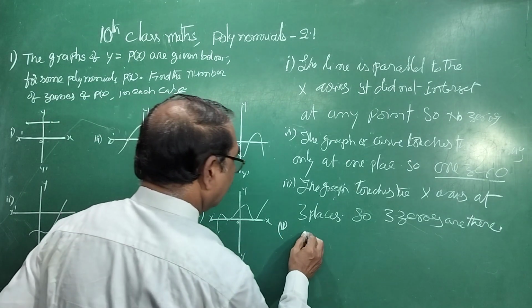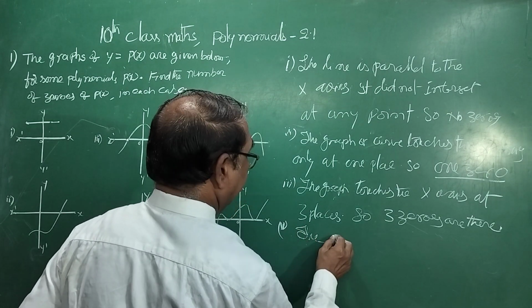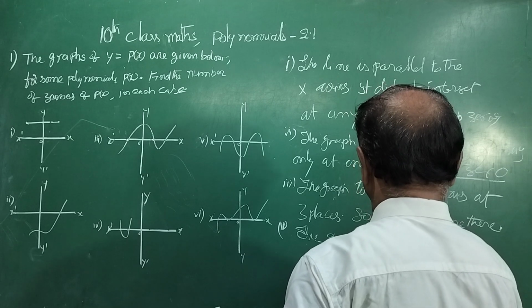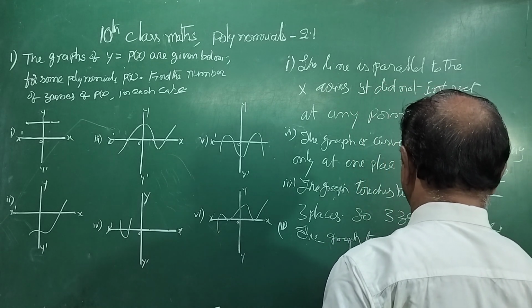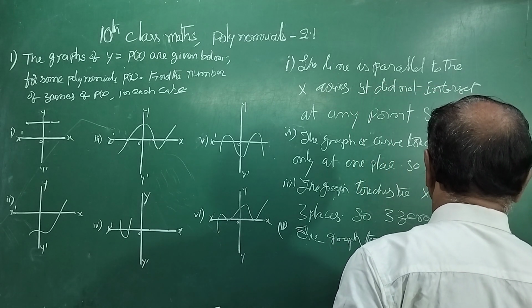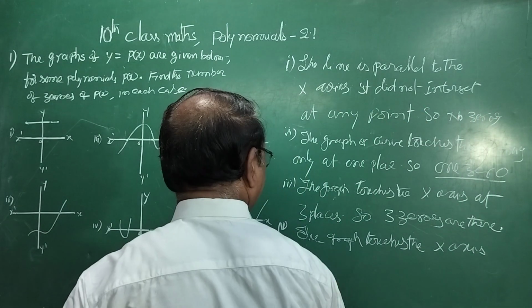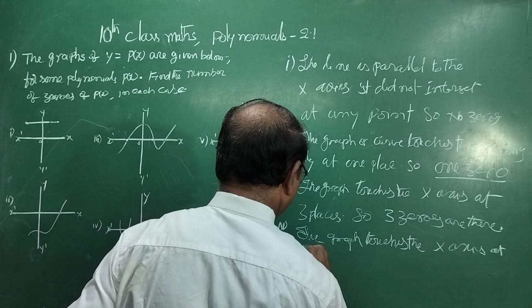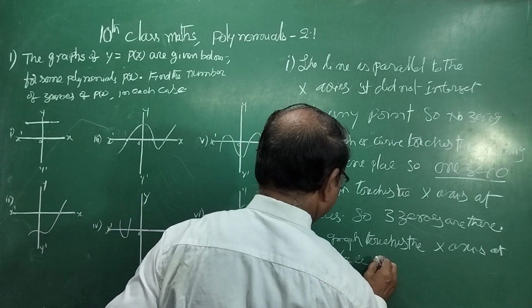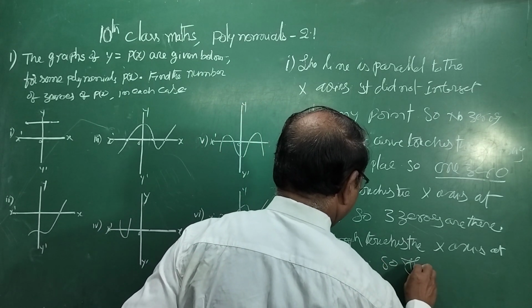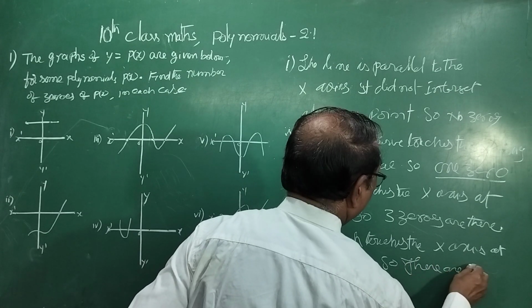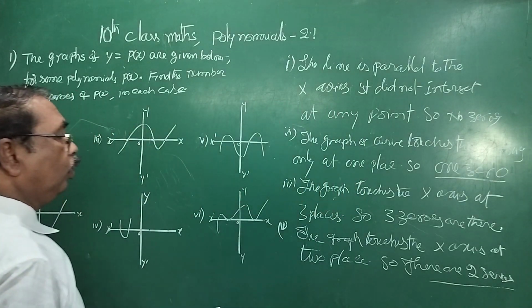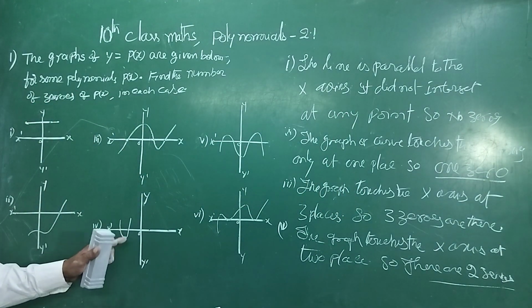That means the graph touches the x-axis at 2 places. So there are 2 zeros.